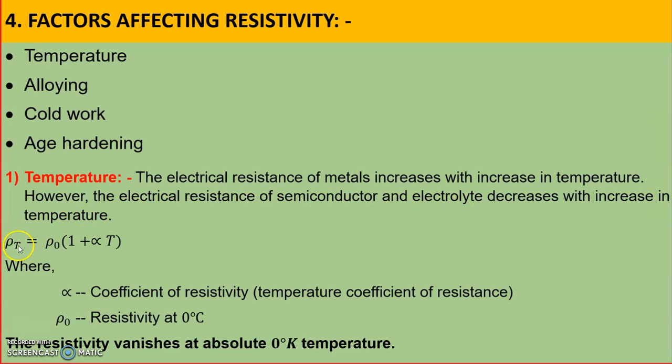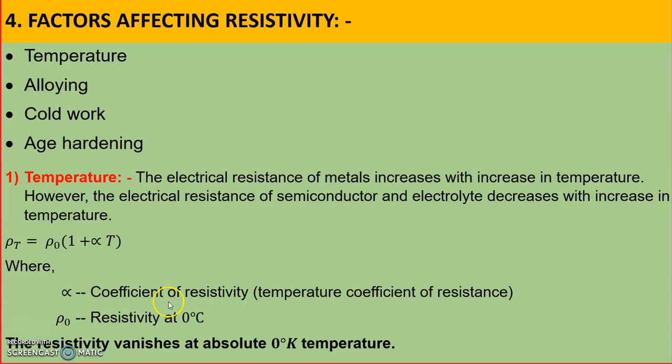So rho at a certain temperature will be given in terms of rho at zero temperature. Suppose you want to find out resistivity at 40 degrees Celsius, so you just insert T as 40. How will you find the resistivity at 40? You must know the resistivity at zero temperature, and rho = rho zero times (1 + alpha T).